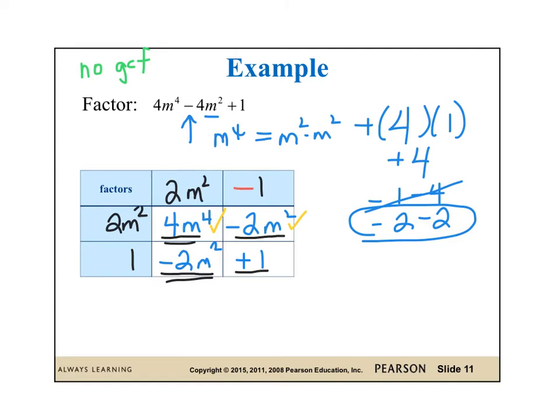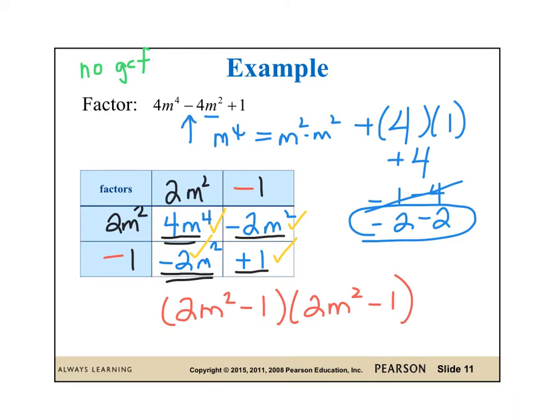And the same thing, 1 times 2m squared will give us -2m squared only if the 1 is negative. And -1 times -1 is indeed +1, and we have our answer. 2m squared minus 1, 2m squared minus 1.